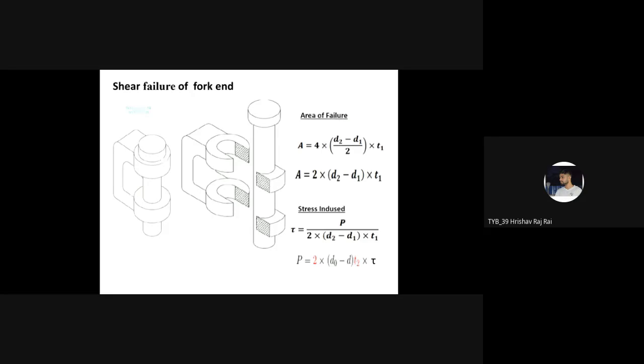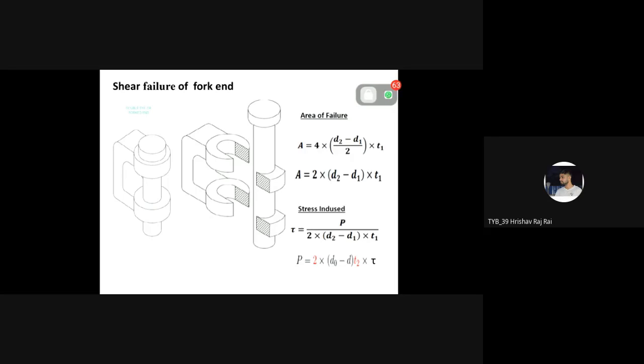Hence if the pin is strong and the eye is also strong, and if we apply the tensile force from both ends of that knuckle joint, then definitely the pin will shear out to the fork. And the shearing area is important. We have to calculate that area. The force of shearing is the same as P.